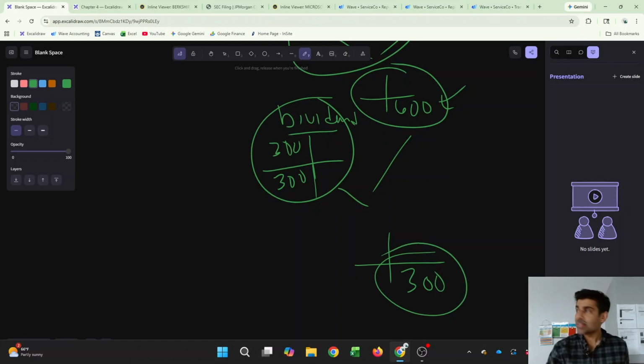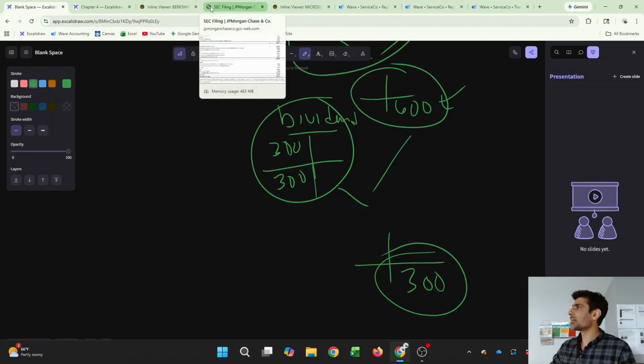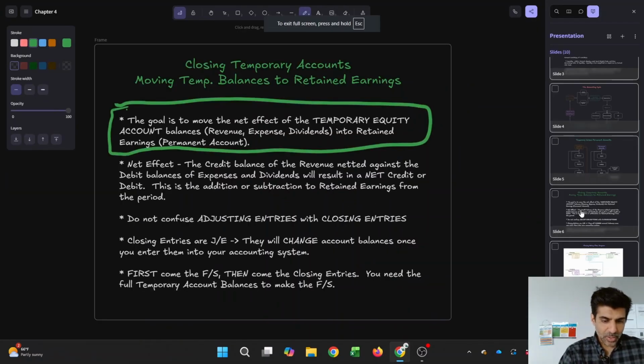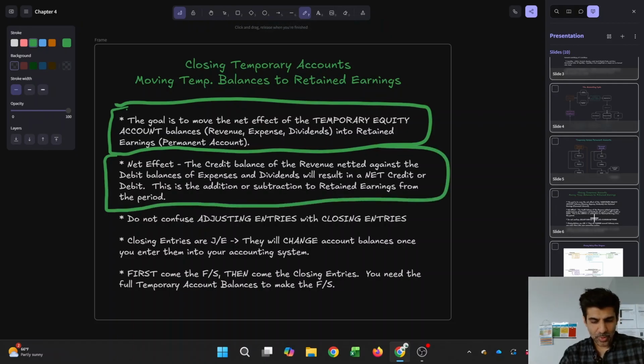So that's essentially what we're going to do. Through a series of journal entries, we're going to move the balances around and get this net effect. What this bullet point is saying is you're going to take the credit balances of the revenues and the debit balances of the dividends and expenses, and net them together.